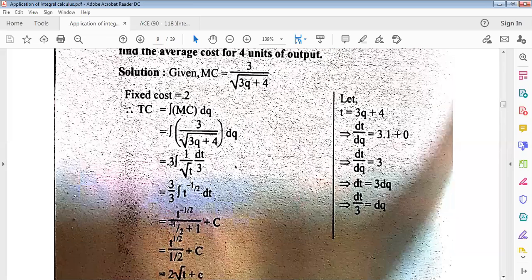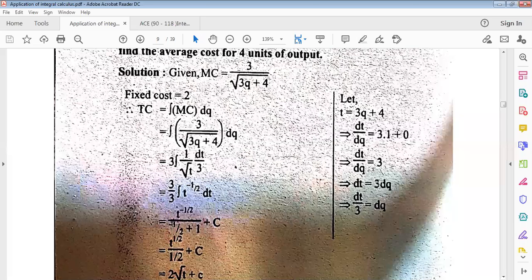Now if we take 3q plus 4 equals t, the substitution process of integration, then dt/dq will be what? The derivative of q is 1, like the derivative of x with respect to x was 1, and the derivative of the constant 4 is 0. So dt/dq equals only 3.